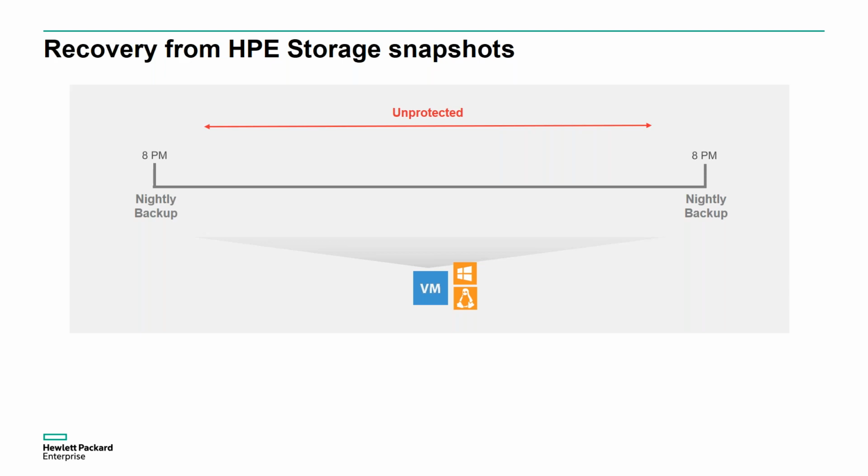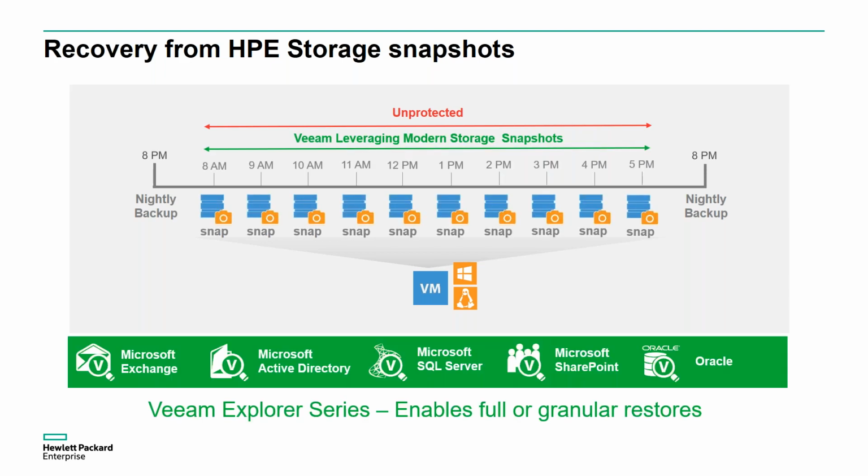But if you blend the technology, blend the use of snapshots and backups, you have the ability to leverage your nightly backups on that 24-hour recovery point objective, but also use those snapshots that are created down on the array, perhaps in this example just once an hour, but could be created far more frequently than that, and blend those two technologies together to be able to recover granular items from our Explorers, which we're going to take a look at just now.